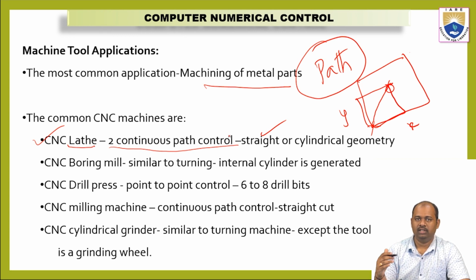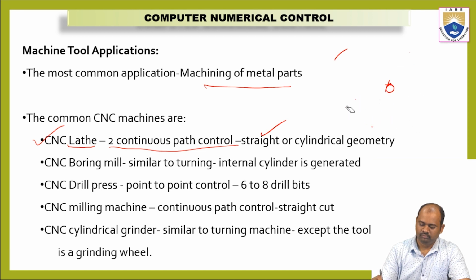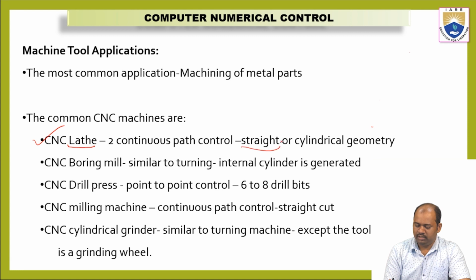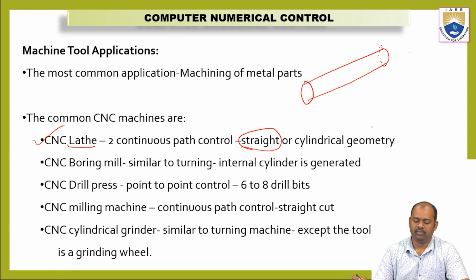The path in which the tool is moving is controlled by the CNC machine and CNC lathe. Here we can generate multiple objects, mostly straight. Straight means, if I take a cylindrical object, this is a cylindrical object which I can manufacture using a CNC lathe machine.